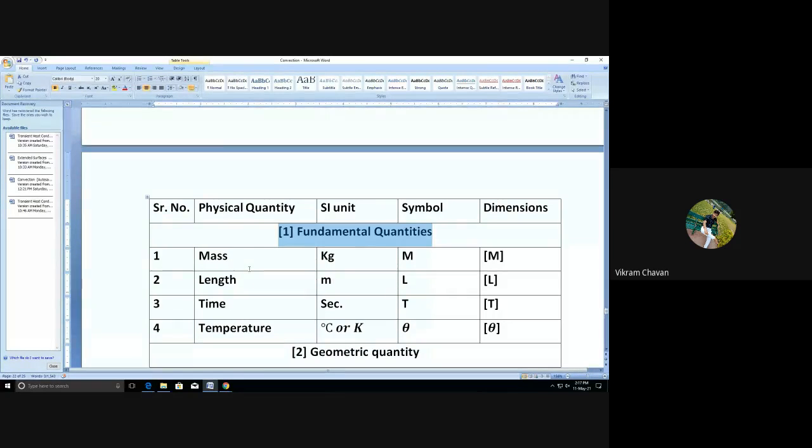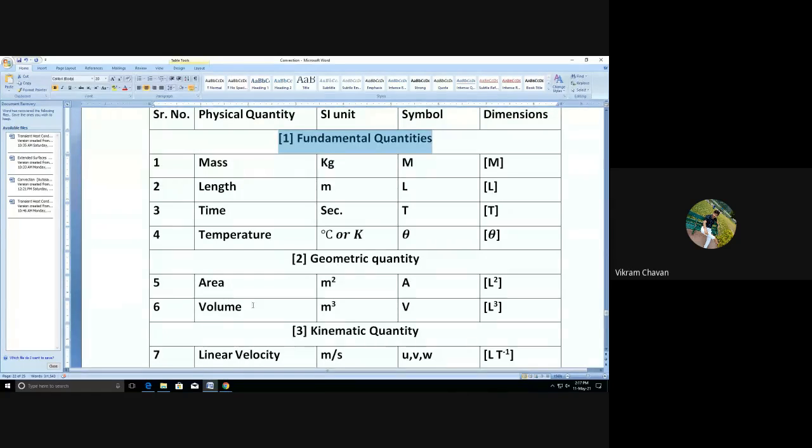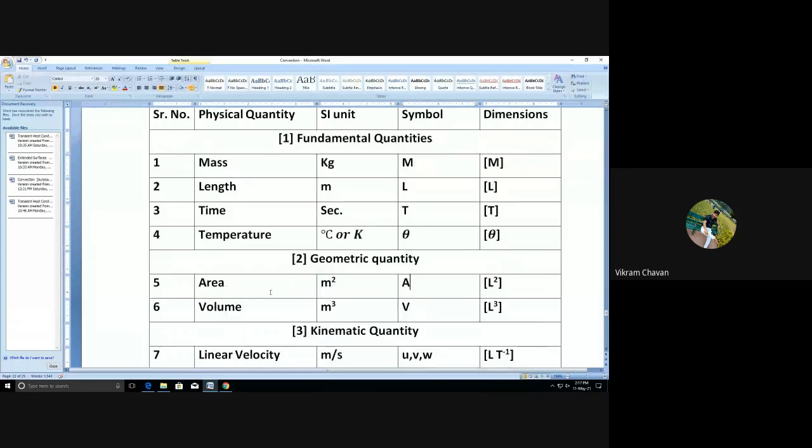The next category of dimension is geometric quantity. Geometric dimensions. In that, area and volume. These are the two quantities we are going to consider under the geometric quantities. Area, SI unit is meter square. Symbol is capital A, and dimensions are L raised to 2. And then the sixth one is volume. SI unit is meter cube.